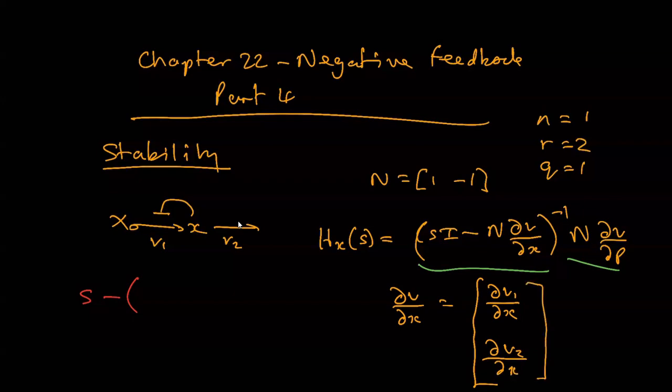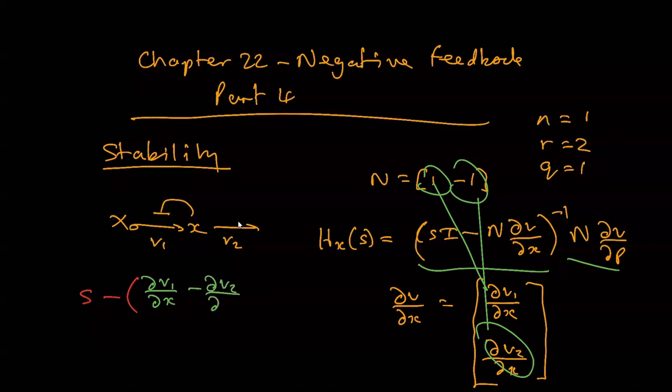Okay. And so that's 1 times that minus 1 times that. So we end up with dv1 dx minus dv2 dx.